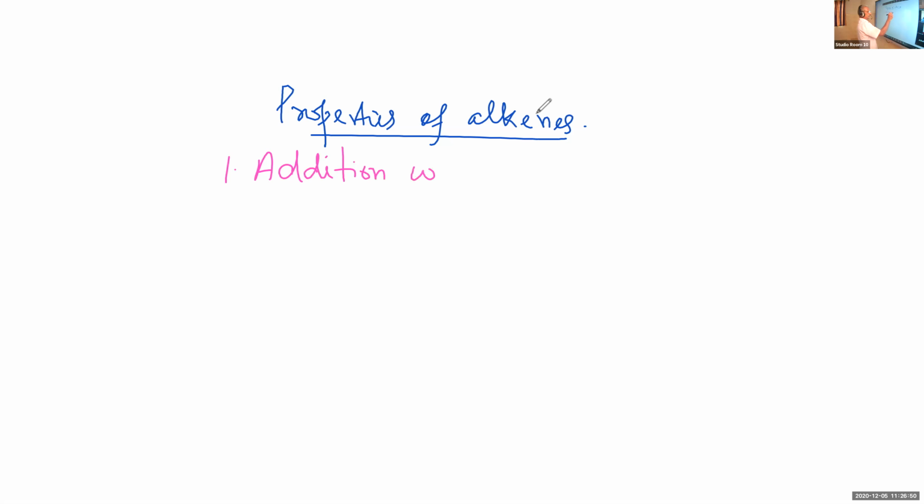Addition with HX. HX means HCl, HBr, and HI. Let us see the addition reaction. What is addition? Addition is the combination of two or more molecules forming a single product.